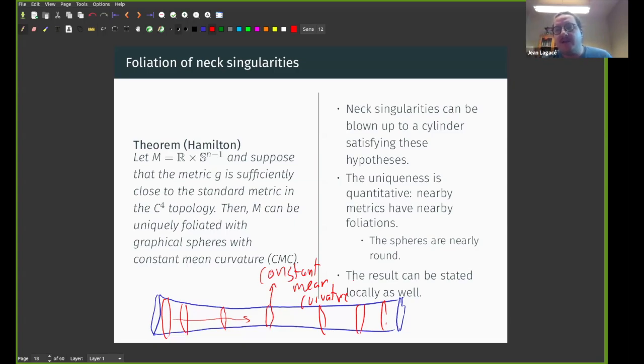And there seems to be a question: what's a graphical sphere? Thanks, Danielle, for this quick question.